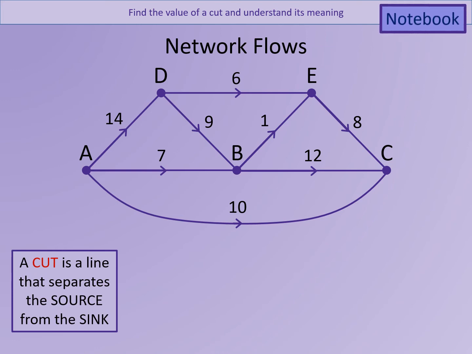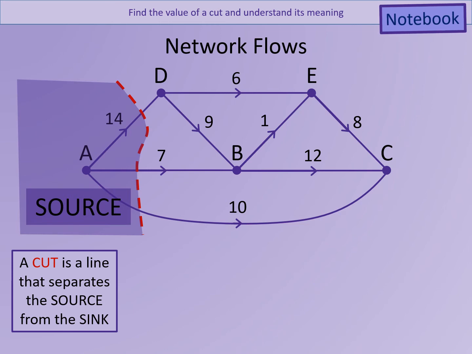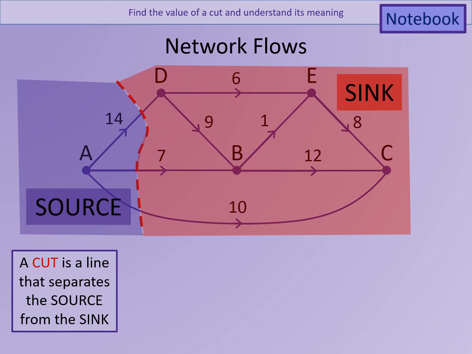So another definition, a cut is any line that can be drawn that separates the source from the sink. So here's an example of a cut. Cuts can only travel through arcs, they cannot travel through the nodes themselves. So in this case we can see that that cut has the source, which is A, on one side, and the sink, which is C, on the other.